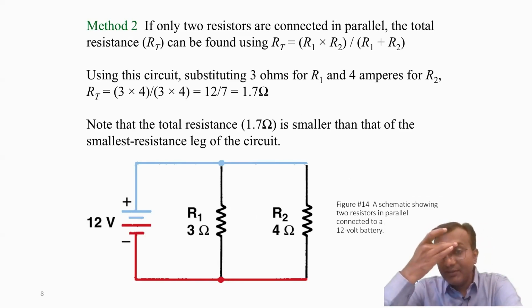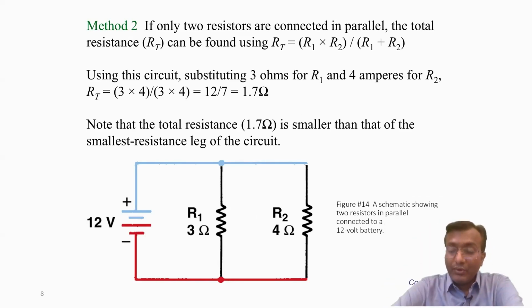It is given by the product of the individual resistances divided by the sum of the individual resistances. Here the individual resistances R1 and R2 are multiplied in the numerator, and their sum is in the denominator. By using this formula, we can determine the equivalent resistance in a parallel circuit.